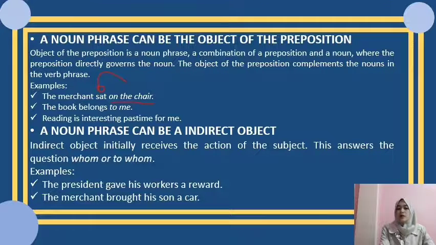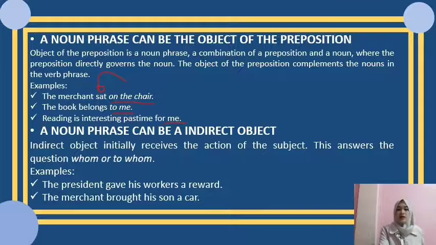Another: the book belongs to me. To me is the object of the preposition that complements the verb belongs. And another: reading is an interesting pastime for me. For me is also the object of the preposition that complements the verb.